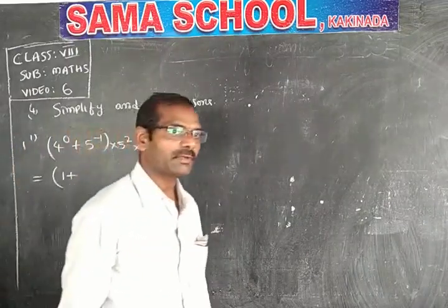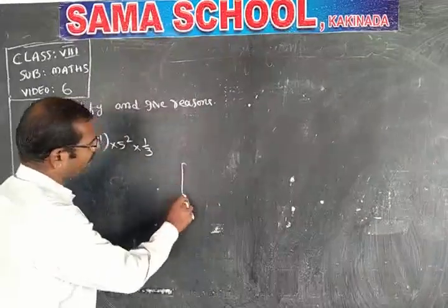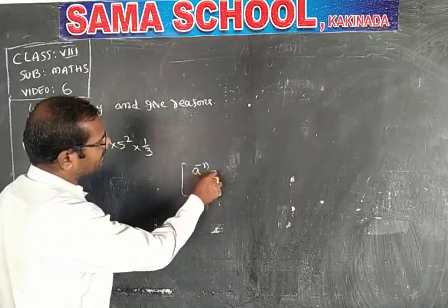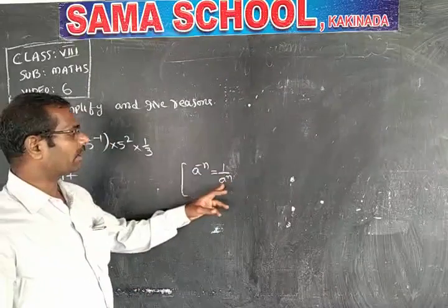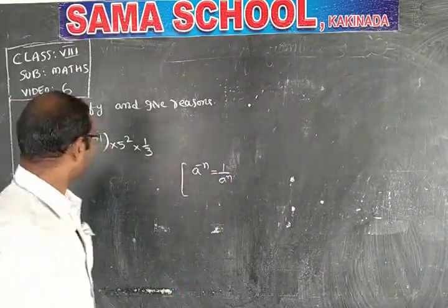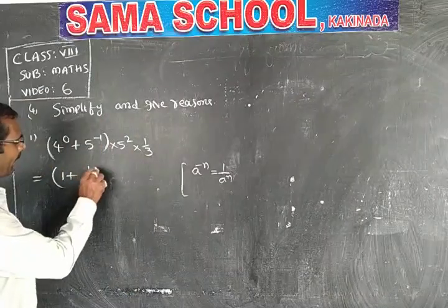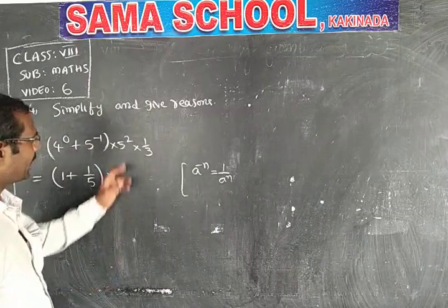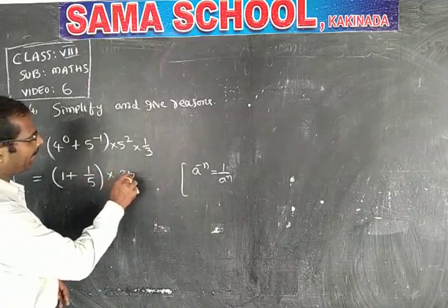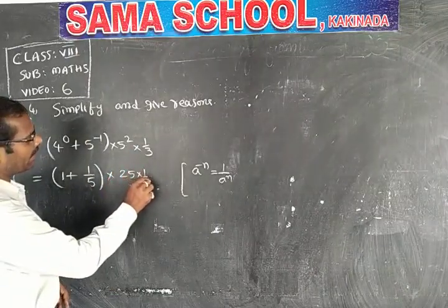A power minus n is equal to 1 by a power n. A negative power goes to the denominator and becomes a positive power. So you can write it as 1 by 5 into 5 square, that is 25, into 1 by 3.